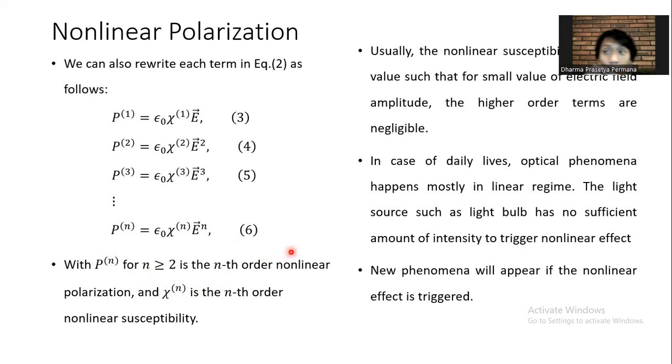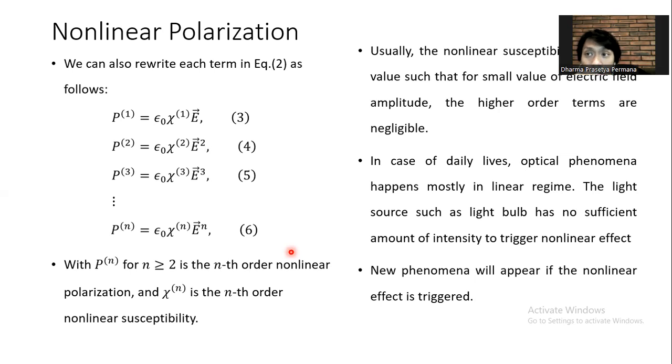In our daily life, when we use materials such as silicon to guide light or make glass using silica, which is silicon dioxide, we usually only care about the linear effect, because when we direct light into media such as glass, the intensity that arrives at the media is usually very small. So we only see that the linear effect is much more dominant compared to the nonlinear effect.